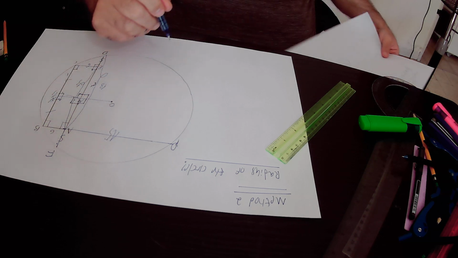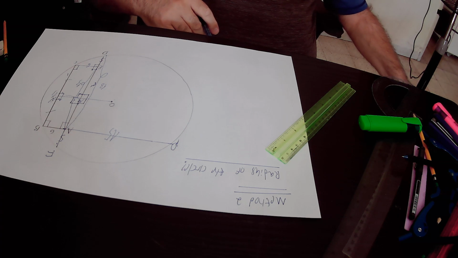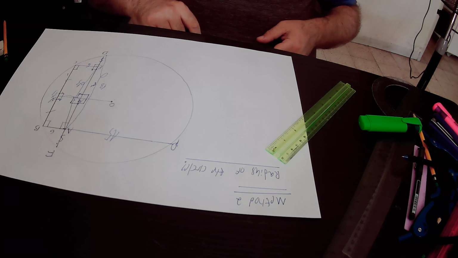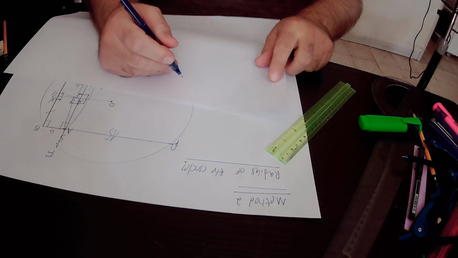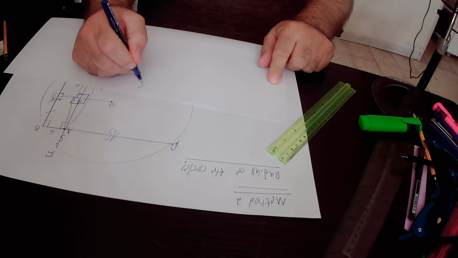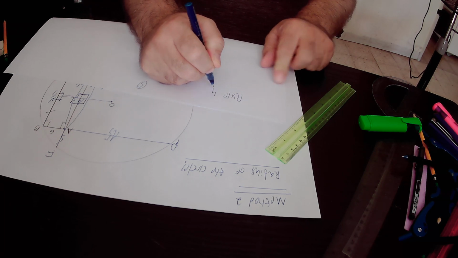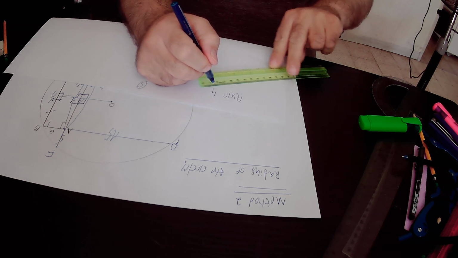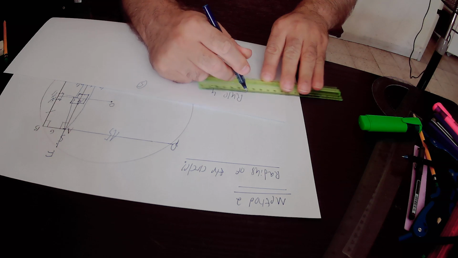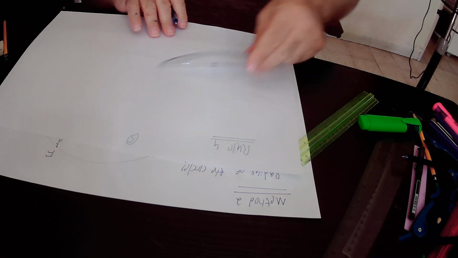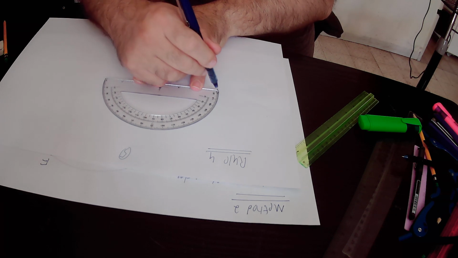In the next step, I will present to you a new rule that we will implement in our drawing. This will be rule number 4. Rule number 4 is about any circle.